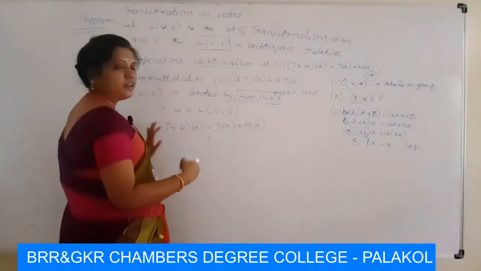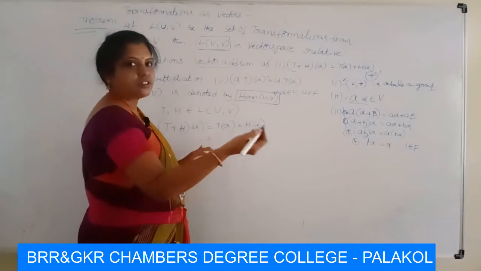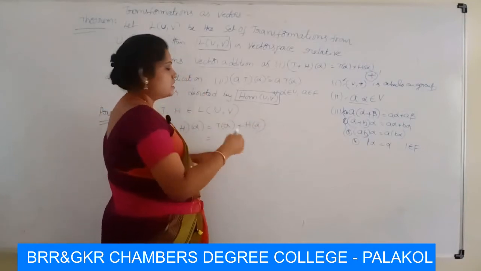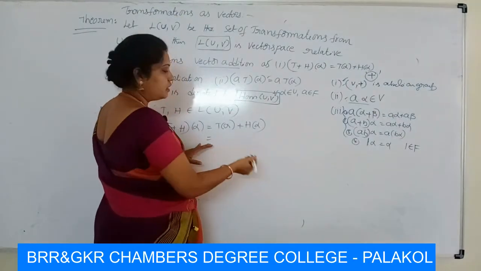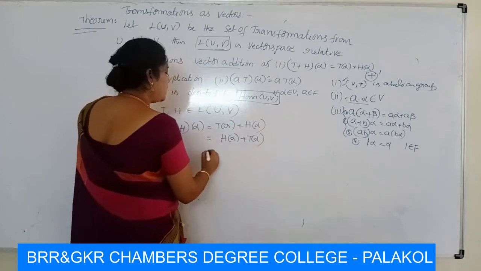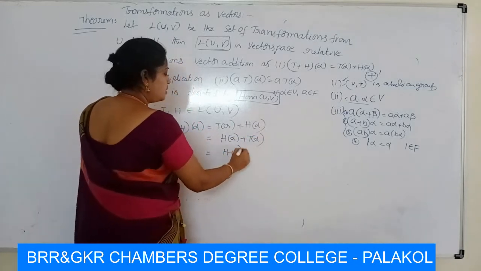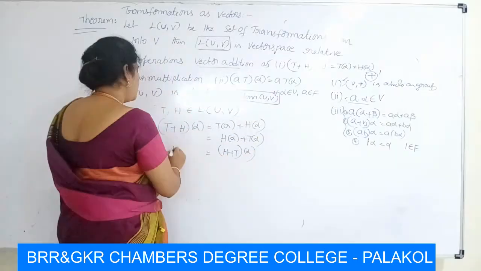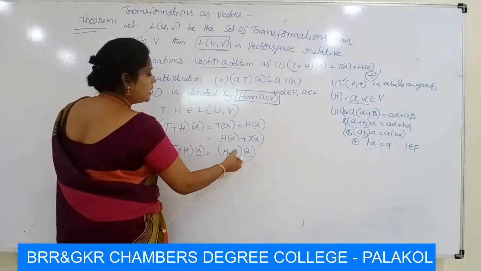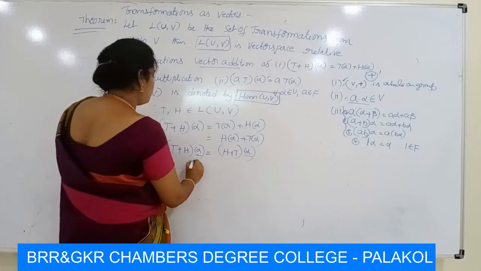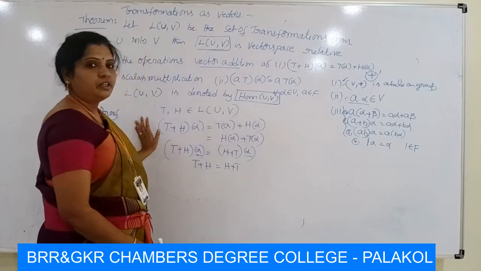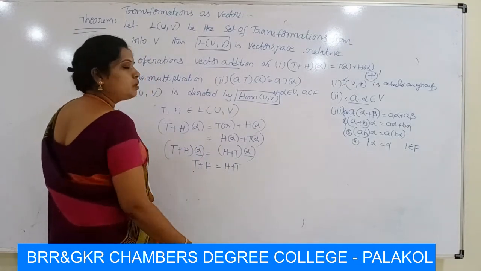Again T of alpha comma H of alpha are vectors in V. So V is a vector space, and in V the commutative law is satisfied, therefore this can be written as H of alpha plus T of alpha. Again the sum of the transformations, H plus T of alpha. So the left side is T plus H of alpha. Here the arbitrary element alpha is the same on both sides. Therefore T plus H is equal to H plus T. So therefore here L of UV is commutative.